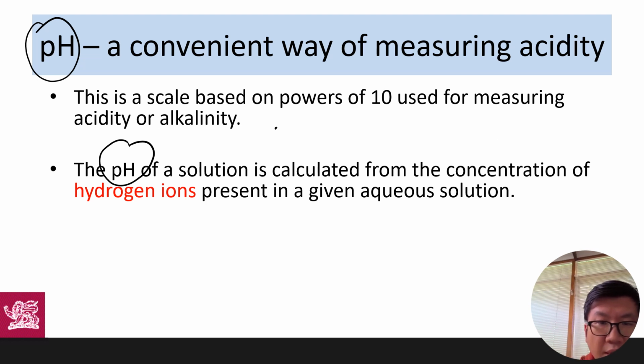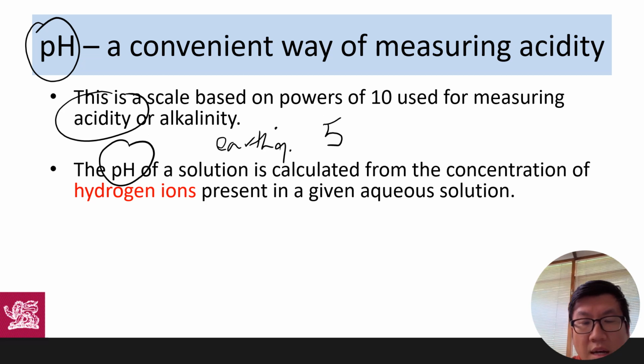So pH, looking at acidity, is based on powers of 10, just like the Richter scale for earthquakes. So what we mean by that is if we have an earthquake of a Richter scale of 5, it will be 10 times more powerful than a Richter scale 4 earthquake.